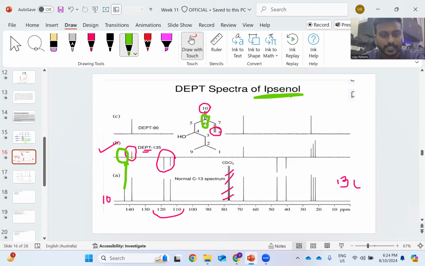Again, there is another signal at around 138, which is again in the olefinic or aromatic region, and which definitely belongs to a CH, so here carbon 7. So I will label this one as 7.